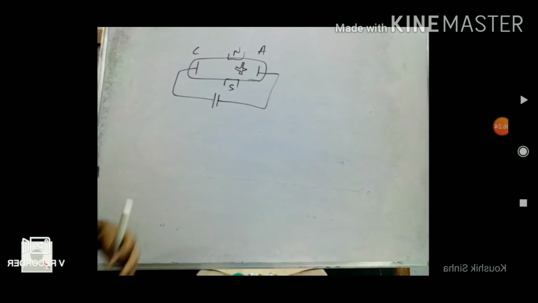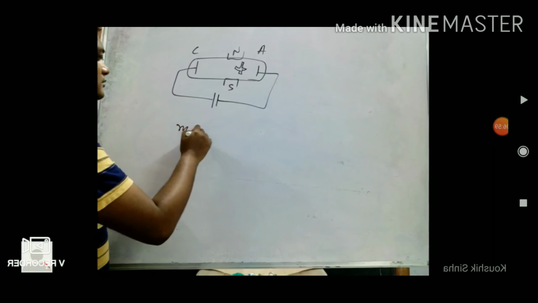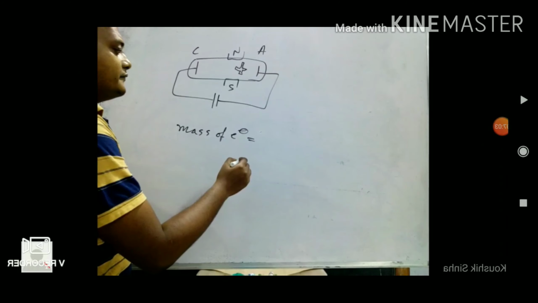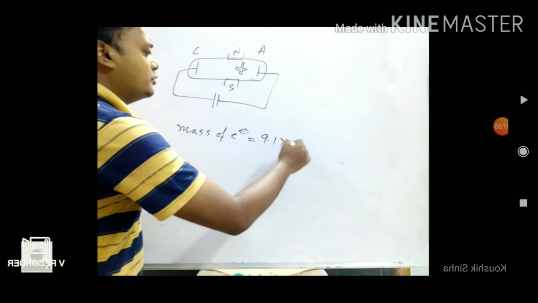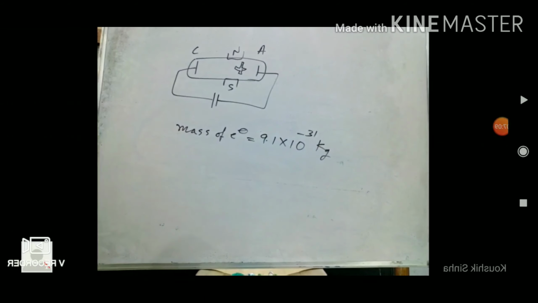That means the cathode ray contains negatively charged particles, with the mass of an electron. Mass of electron is 9.1 × 10^-31 kg.